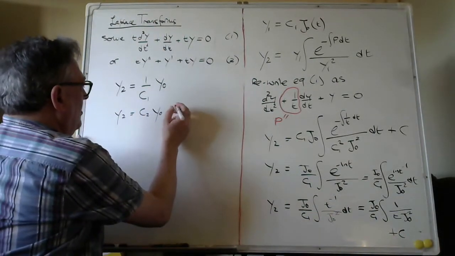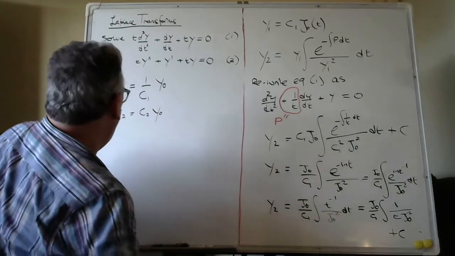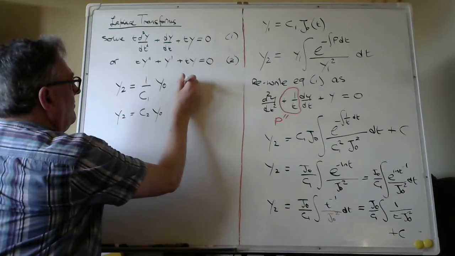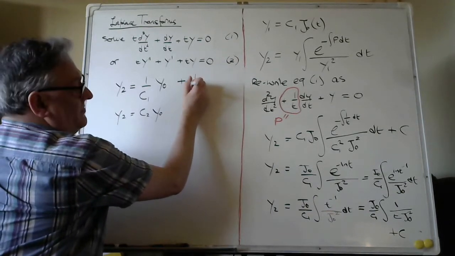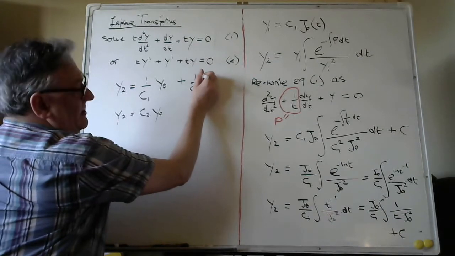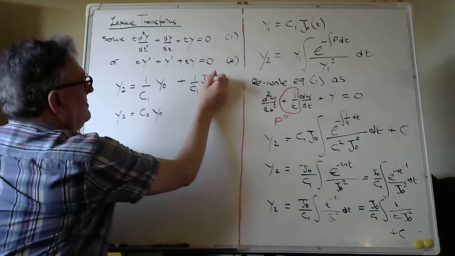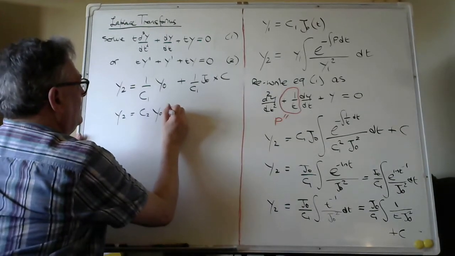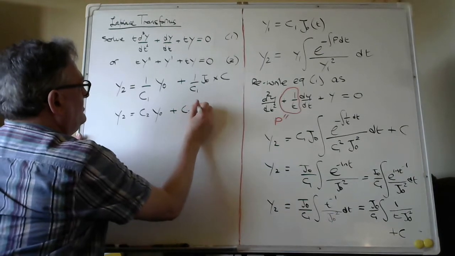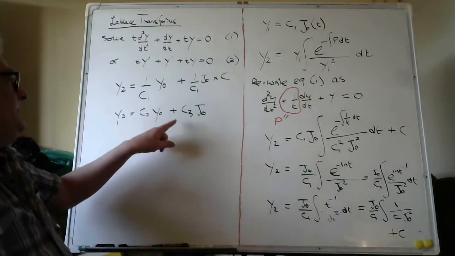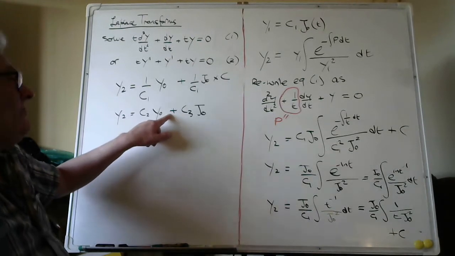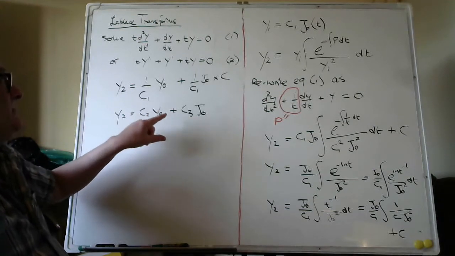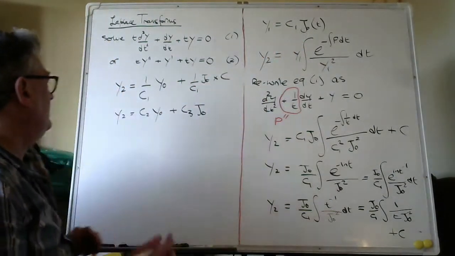you get for your second linearly independent solution plus 1 over c1 j naught times another constant. So in actual fact this is c2 y naught plus c3 j naught. Now we're nearly there. This is not the general solution. It actually is, in a sense, but it's not really the general solution because we have to add it to y1.